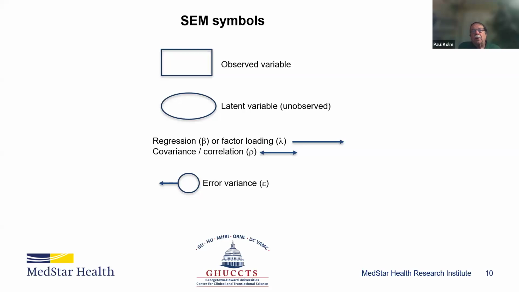And then a bidirectional arrow is going to indicate a covariance or a correlation between variables. And then, as I mentioned, we're going to be able to estimate error variance between variables, or the relationship between variables where their error variance is also correlated, and that's indicated by a circle with a unidirectional arrow.